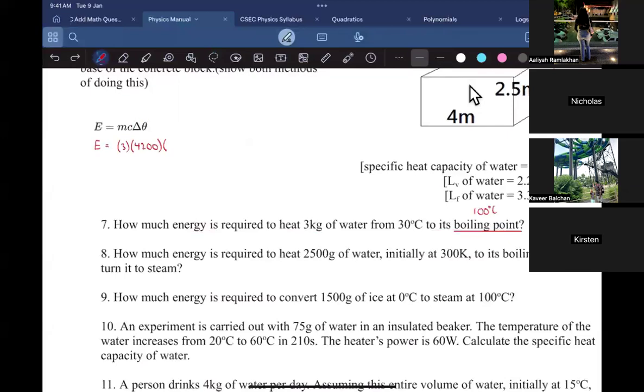To figure out the change in temperature, that's the difference between 100 and 30. If you want to go from 30 to 100, that's 70 degrees. So I'm going to put 100 minus 30. In the next line, I will put 3 by 4200 by 70, and you're going to plug that into your calculator.